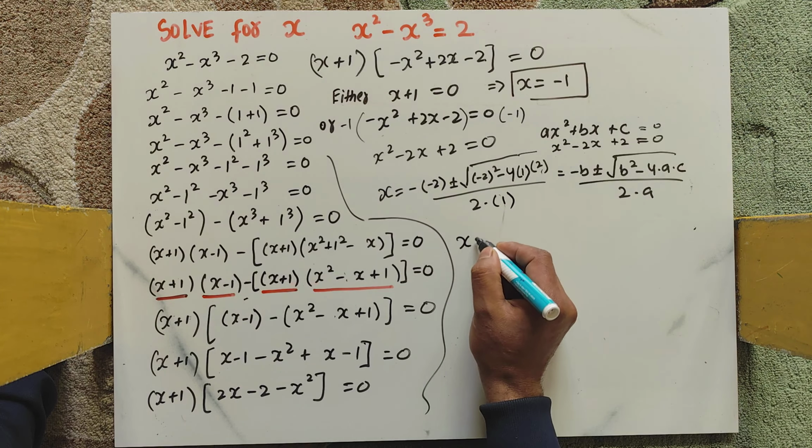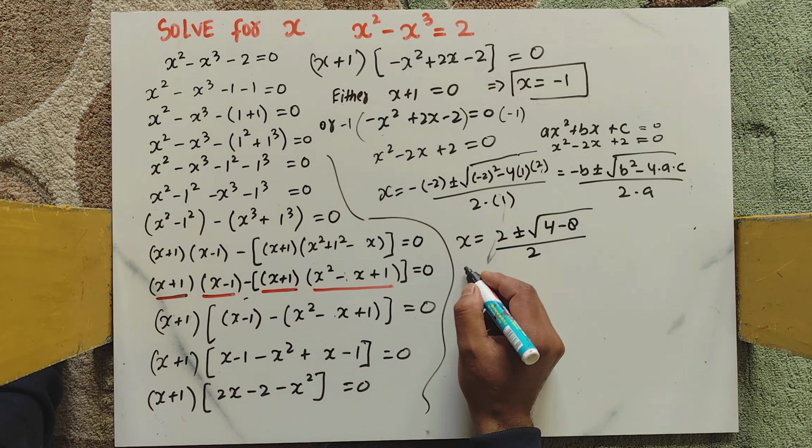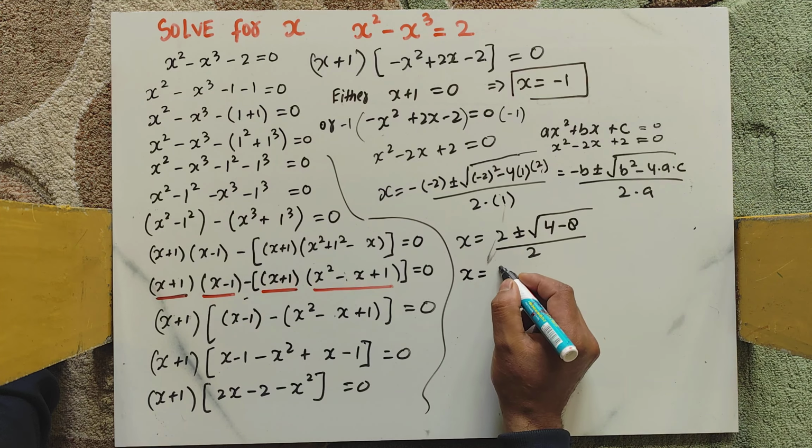That gives us x is equal to minus into minus is plus, so we get 2 plus minus square root of, now negative 2 square means positive 4, you know the square of a negative number is positive, then minus 4 times 2 is 8, divided by 2.